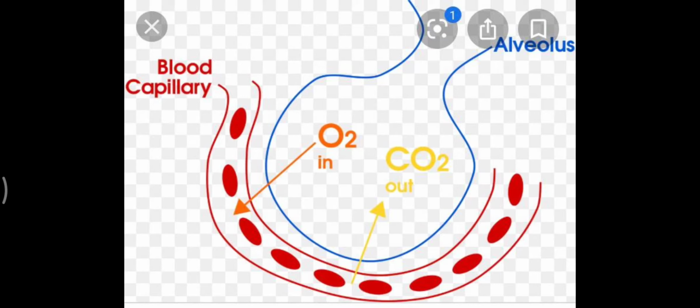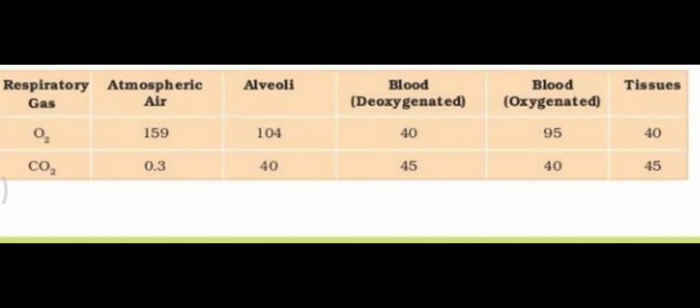So PO2 is the partial pressure for oxygen and PCO2 is the partial pressure for carbon dioxide. Now let us see the table. This is the table that gives you the data of the amount of respiratory gases present in the different sites where the gaseous exchange occurs.